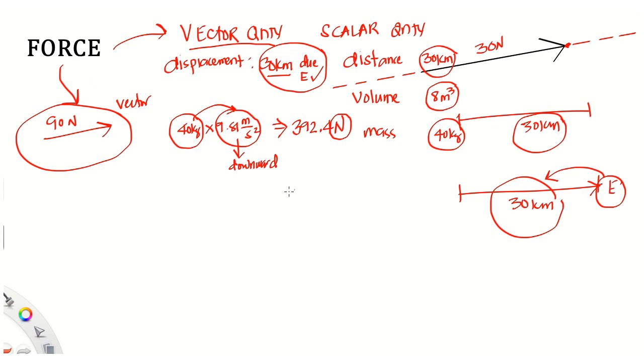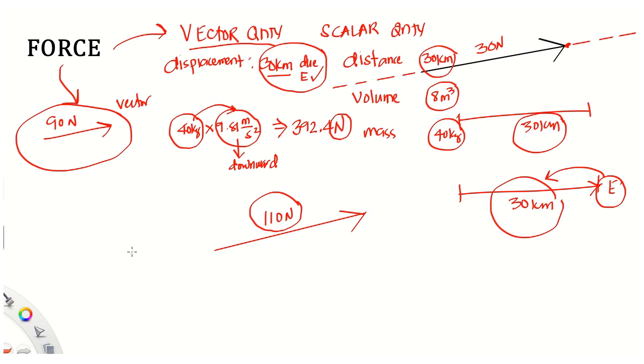Forces are things that have magnitude. Let's say we have 110 Newton. This is the magnitude, this is the number. But as you can see, the arrow is a representation of direction. When you have an arrow pointing towards something, it has a direction. This is what we so-called vector quantity.